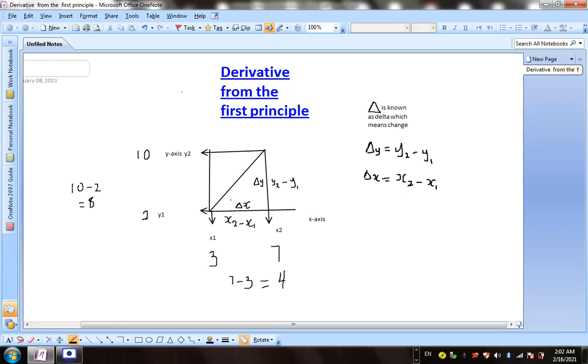Now to find the slope of this graph, we call the slope, we use the symbol m, which is going to be dy all over dx. Now this is taken from the equation y is equal to mx plus c.